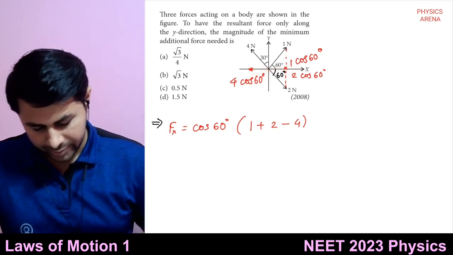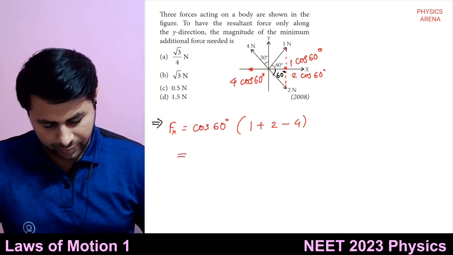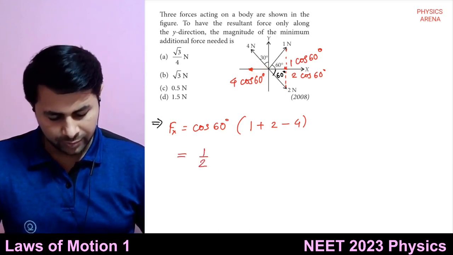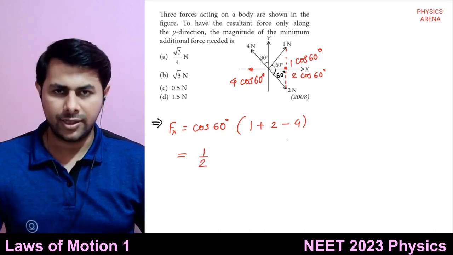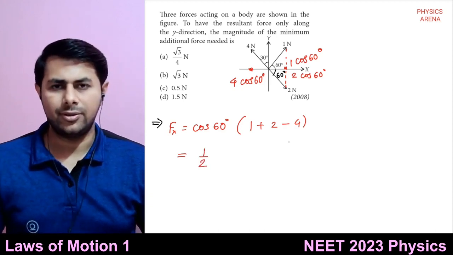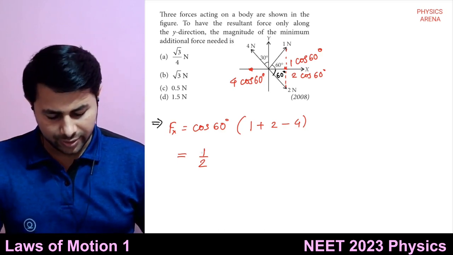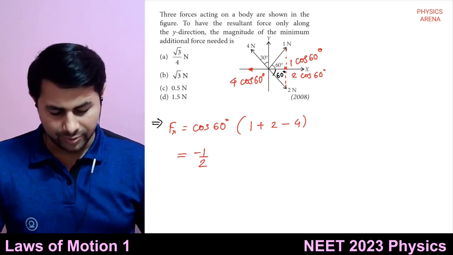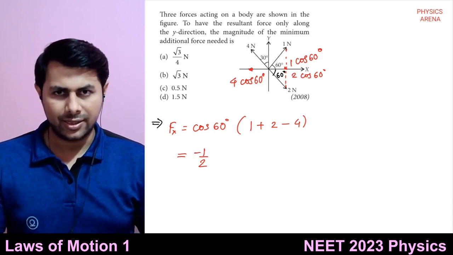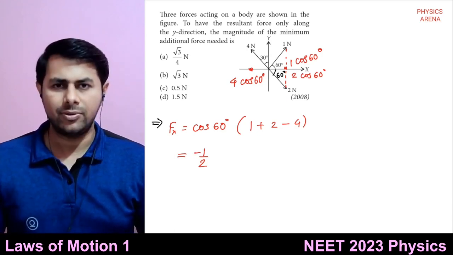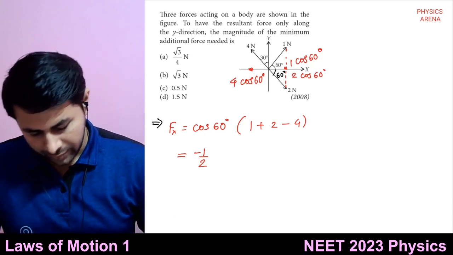Okay, so cos 60 is 1 by 2. So it is 1 plus 2, 3 minus 4, that is minus 1, so minus 0.5 newtons. So answer is minus 1 by 2 will be the net force acting, and you want to cancel out that. So you need additional force of 0.5 newton, right?